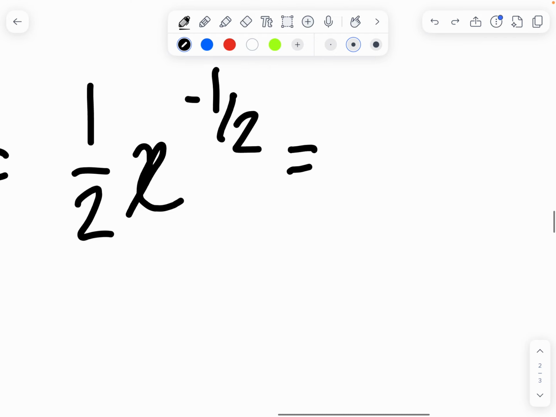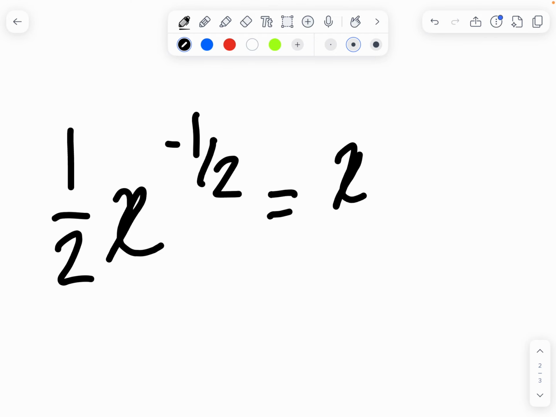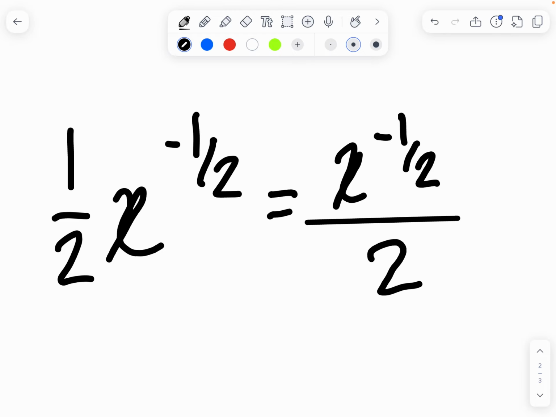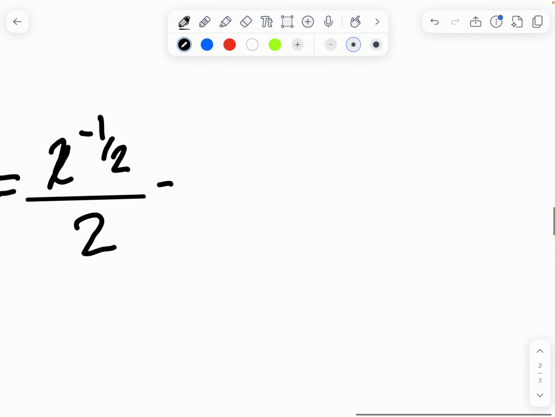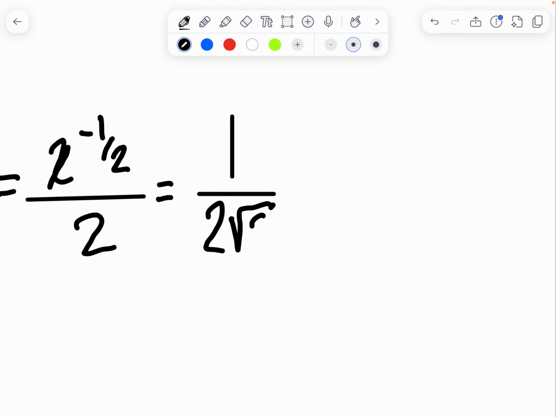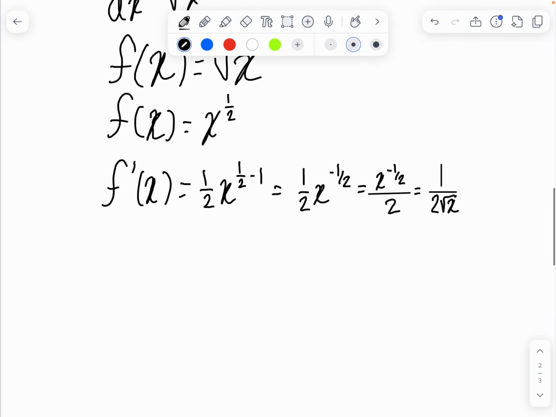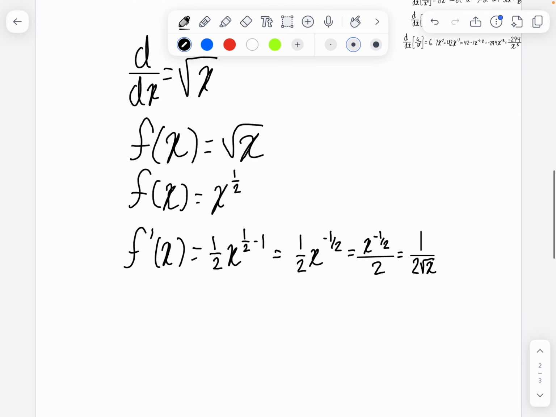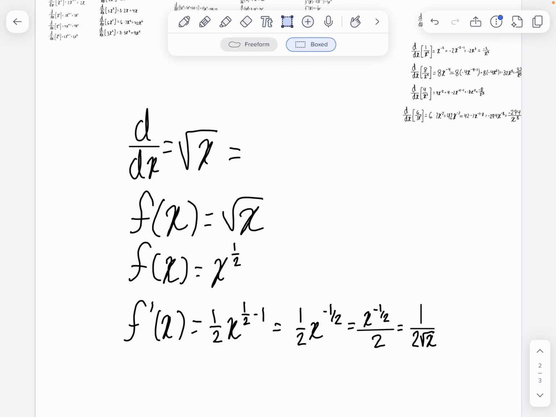Oh, well, there's one more extra step. And so this is the derivative. Okay, so hopefully you got that down.